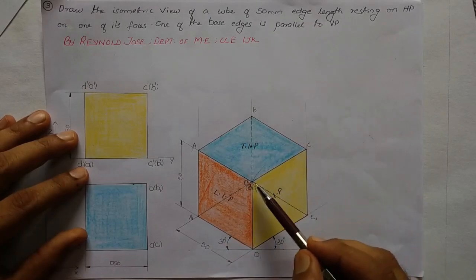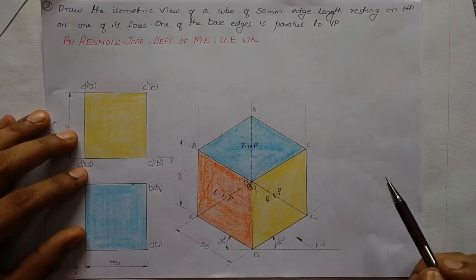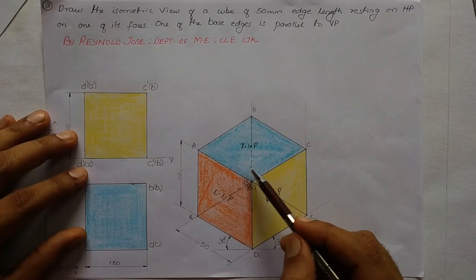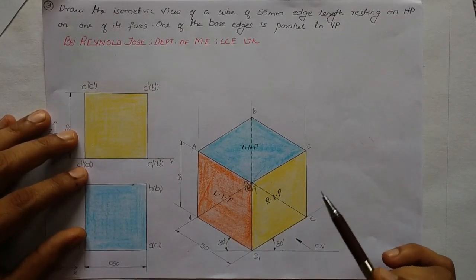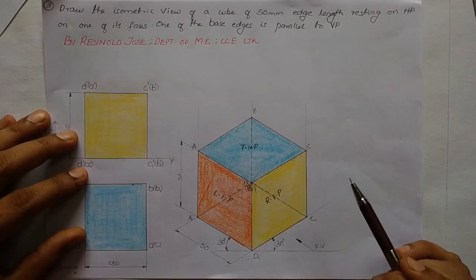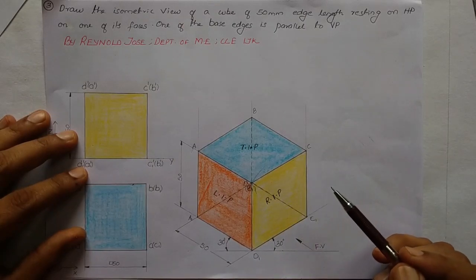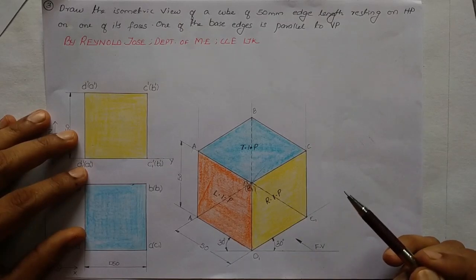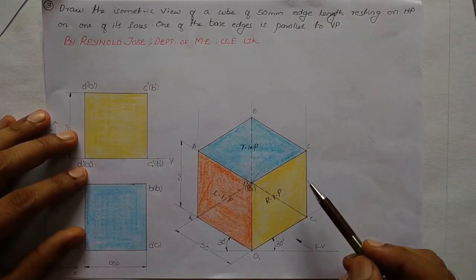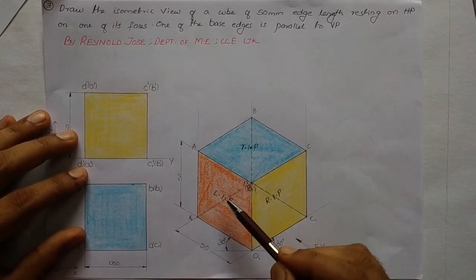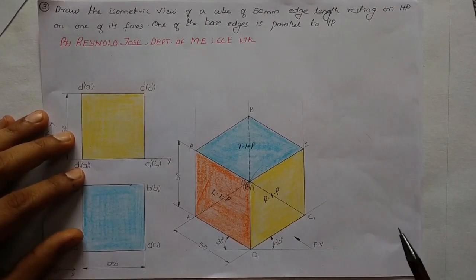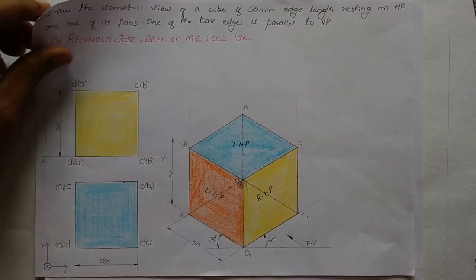So all the lines which are along the boundaries of the top, left and right isometric planes will be visible. They will be thick lines, and all the other lines will be dashed thick lines. In effect, all the other points which are not a part of these planes will be invisible. So we shall draw the visible lines.